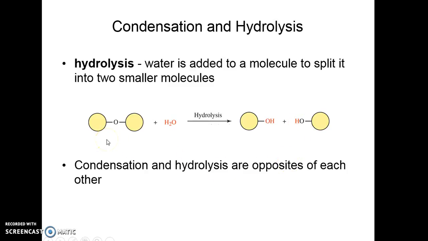So condensation is the joining together of two molecules by the removal of water, and hydrolysis actually says what it is. It's water cutting. Lysis means to cut. So we're cutting the molecule with water.